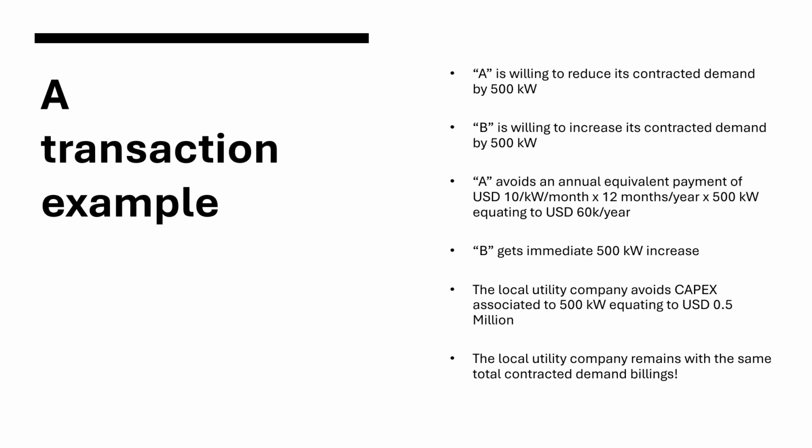If we consider on a yearly basis, it becomes $60,000 per year. And B gets immediate 500 kilowatt increase. And the local utility company avoids capital expenditure associated with 500 kilowatts, equating to, roughly speaking, $500,000. The local utility company remains with the same total contracted demand billings.